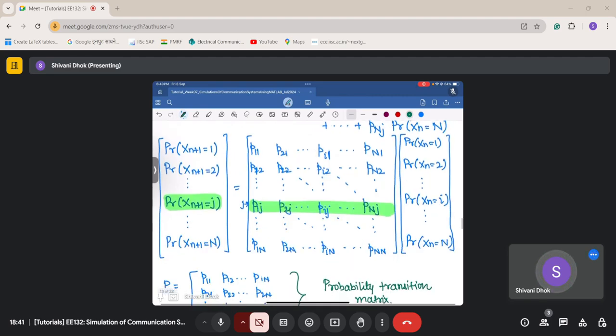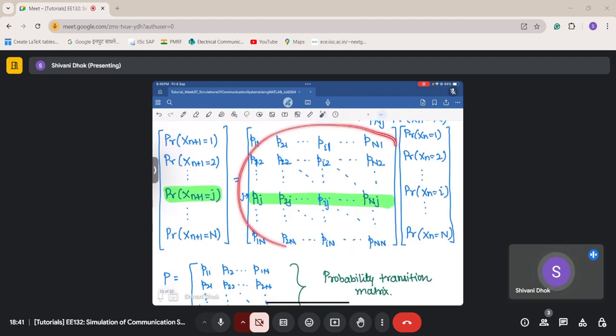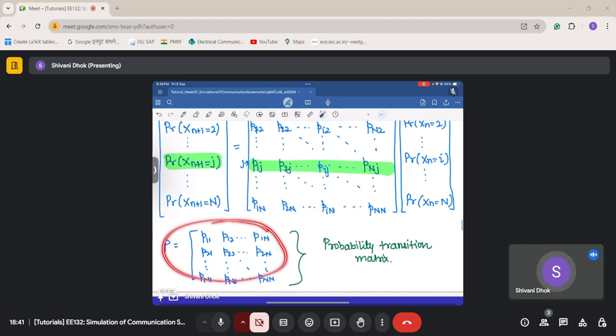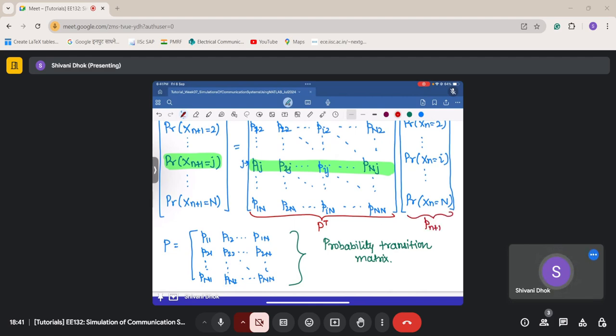And the matrix we have here is basically the transpose of this probability transition matrix, P transpose. Then this vector is pn, and this vector is pn plus 1.